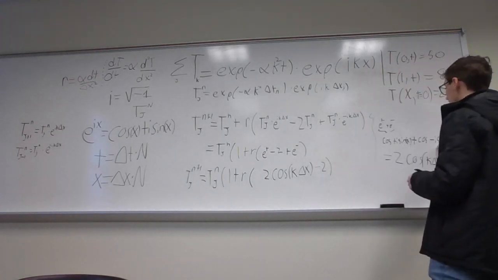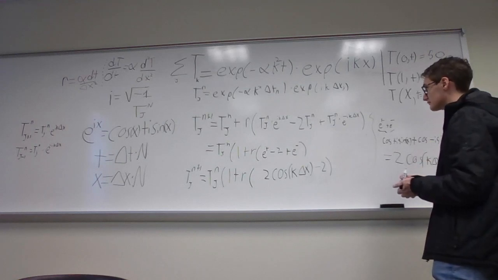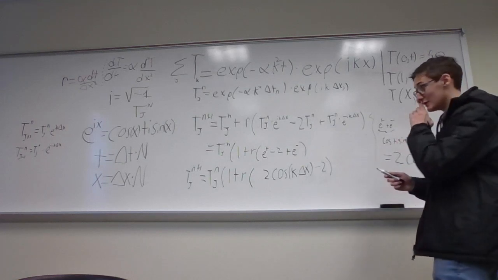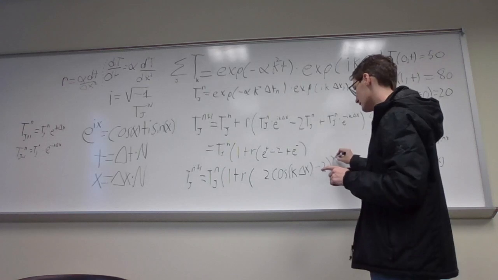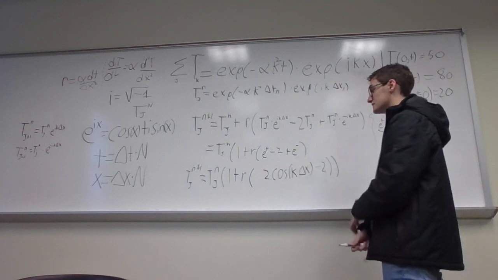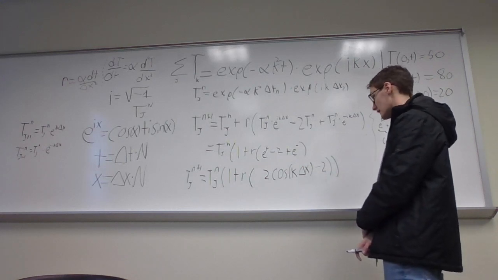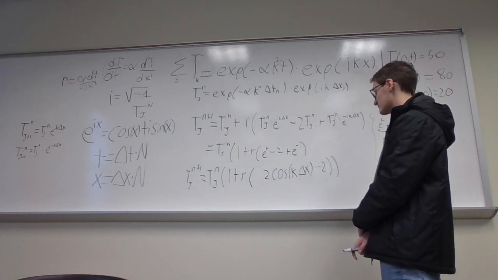So we end up with t j to the n plus 1 equals tnj multiplied by everything inside, which is 1 plus r times 2 cos k delta x minus 2.